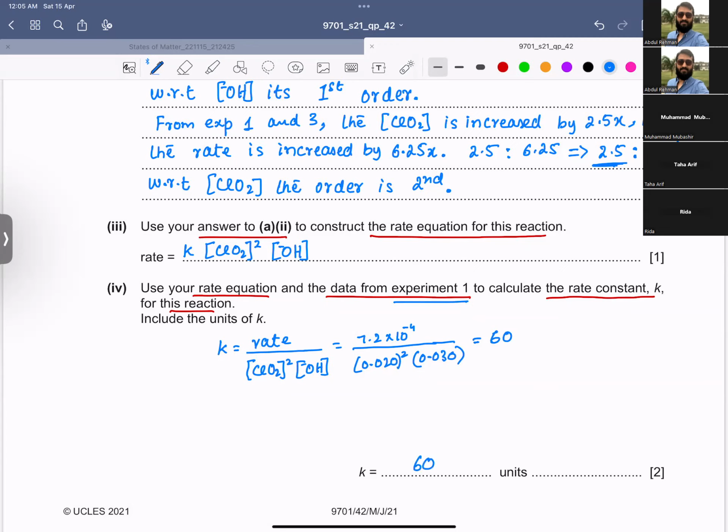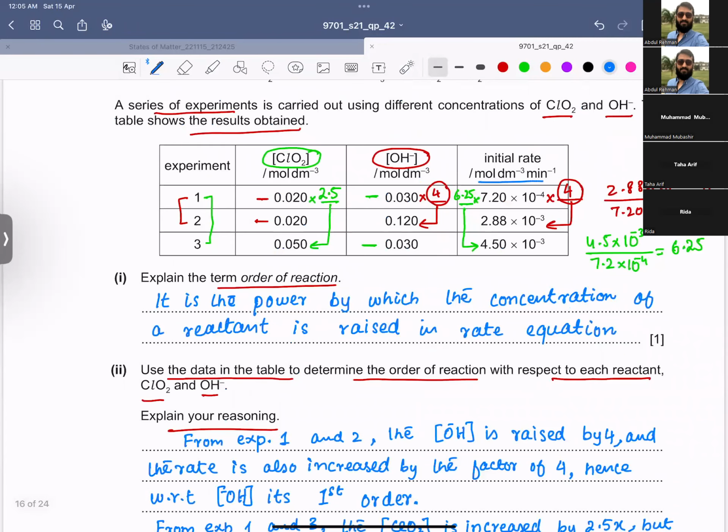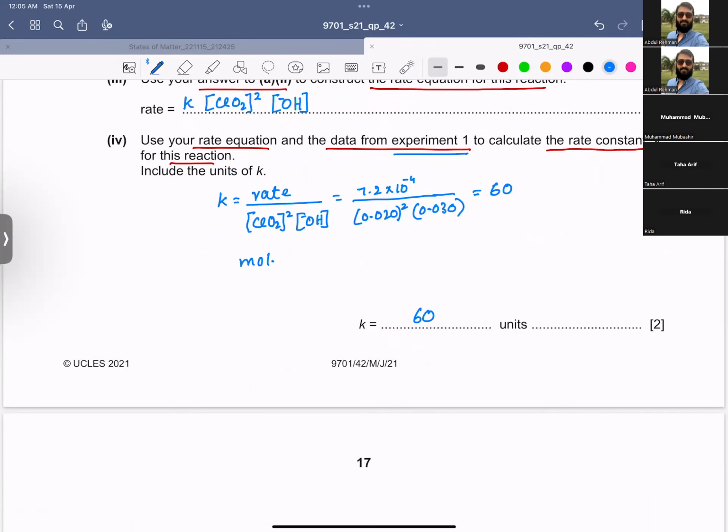Now they are asking for the units. Here the rate is in mole per dm cubed per minute, and here we have mole per dm cubed. So mole per dm cubed per minute over mole per dm cubed, whole squared, times mole per dm cubed. These would cancel out and we are left with minute inverse over mole squared dm inverse 6.